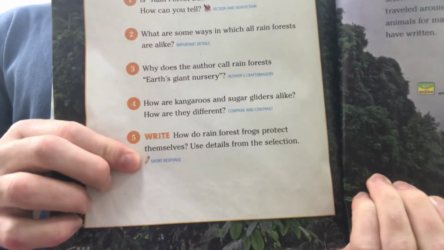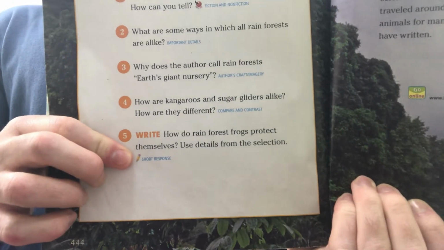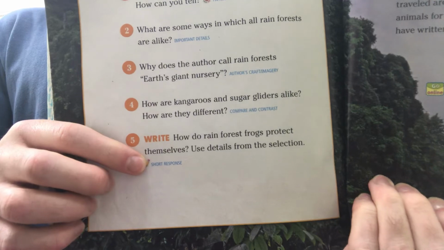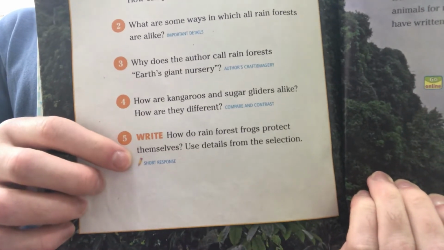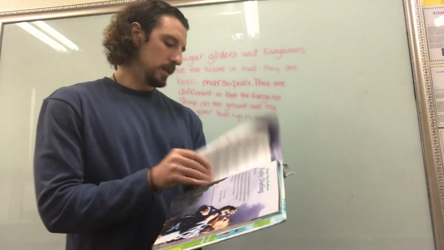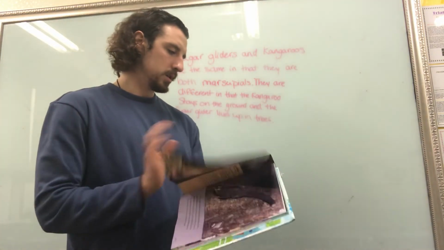Okay. So now this is on you guys. How do rainforest frogs protect themselves? Use details from the selection. So what you have to do for number 5, can we do it together? Let's see. Where's the frog?